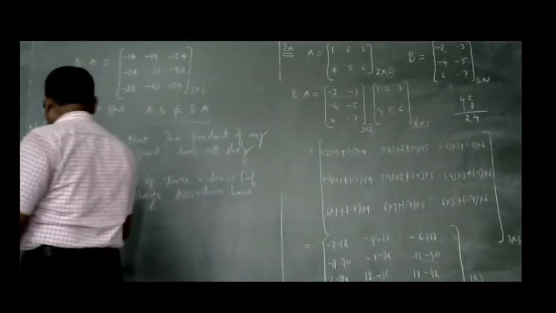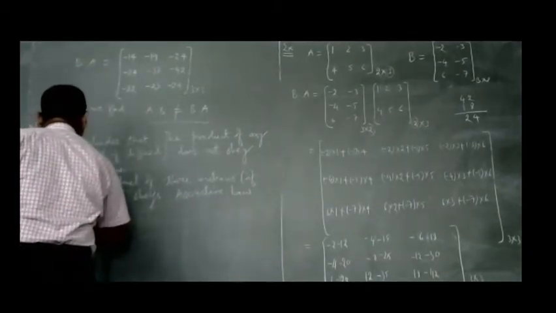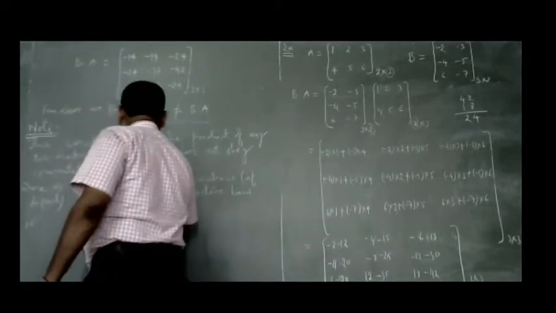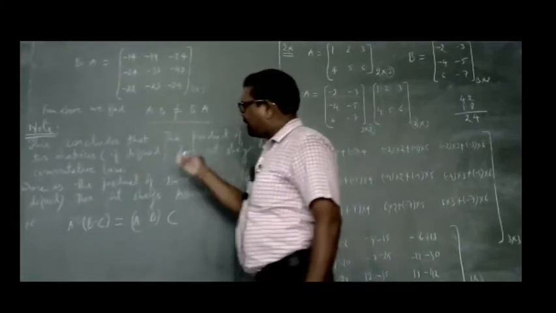It obeys associative law, that is, (A into B) into C must be equal to A into (B into C). This has been explained earlier.